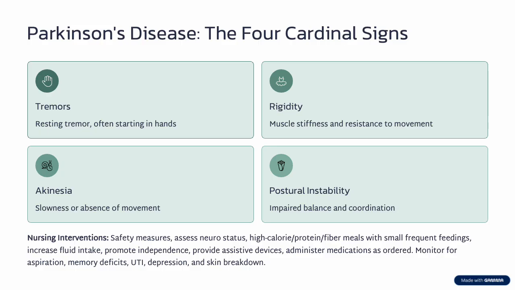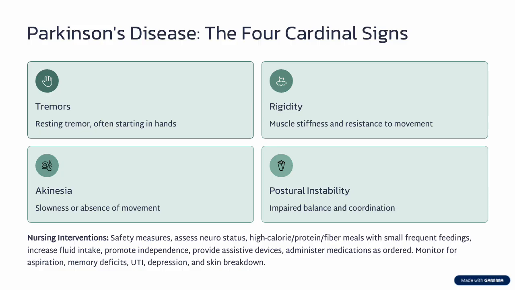Shuffling gait is also pretty classic with Parkinson's, and the client has difficulty turning or redirecting, or being intentional in turning around. And then postural instability, that impaired balance and coordination. So again, you'll see those listed here as those four cardinal signs: tremors, rigidity, akinesia, and postural instability.